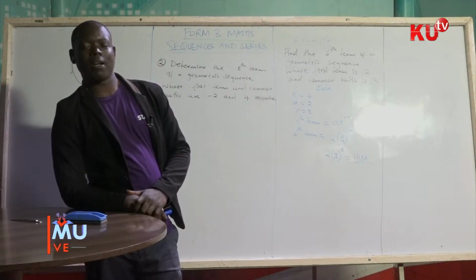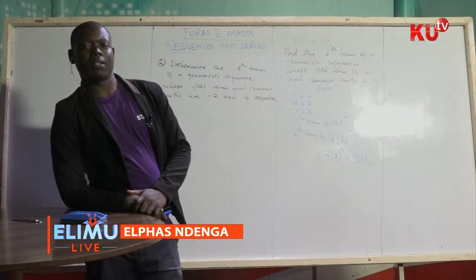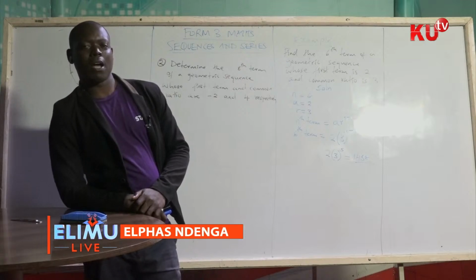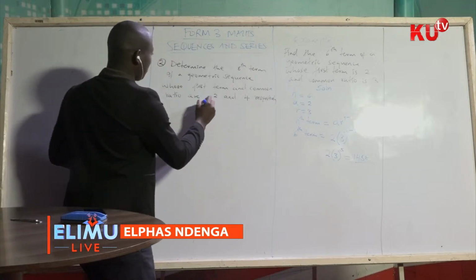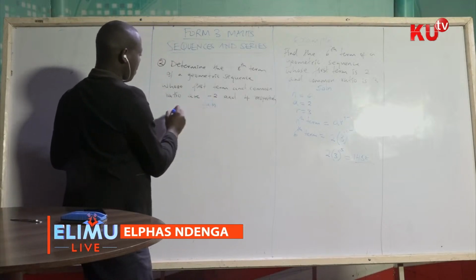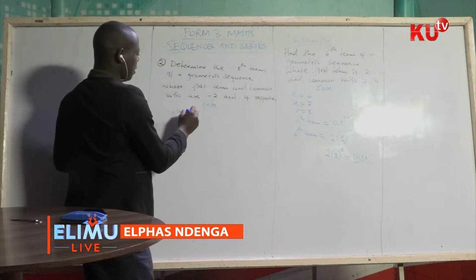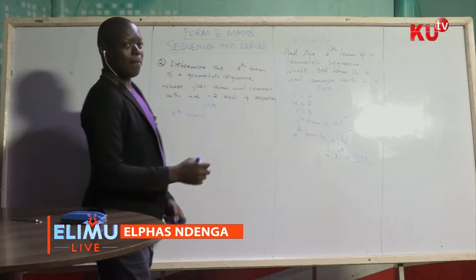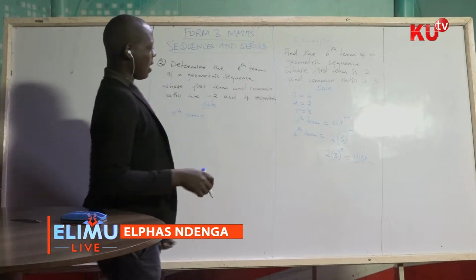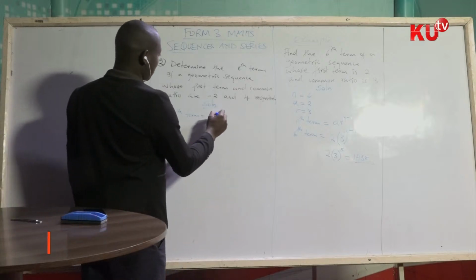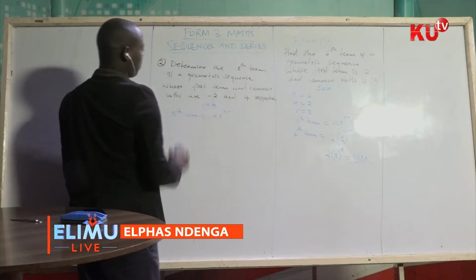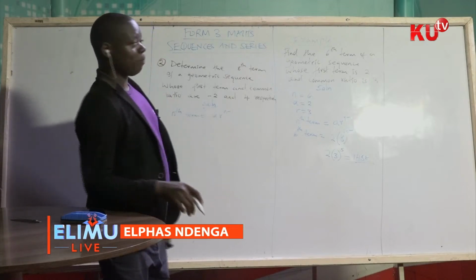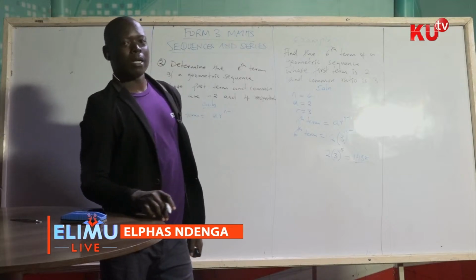Who will lead us now? Step 1 is to identify the formula. So what is the formula for the nth term? The nth term is ar^(n-1).